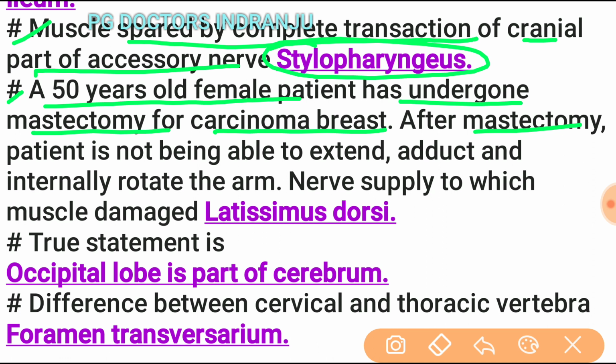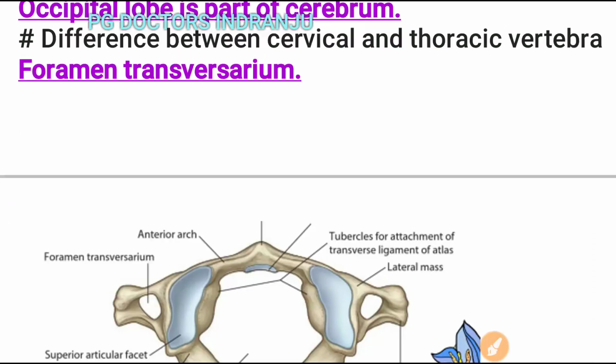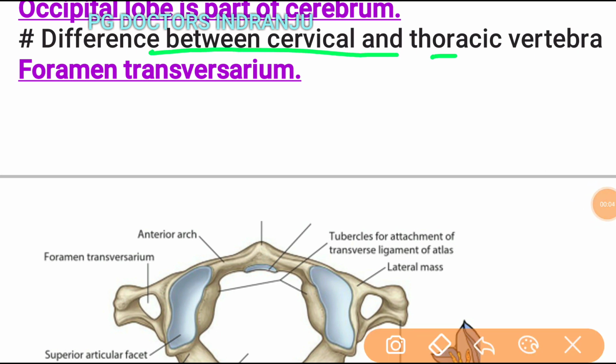After mastectomy, the patient is not able to extend, adduct and internally rotate the arm. The nerve supply to which muscle is damaged is the latissimus dorsi. The difference between cervical and thoracic vertebra is the foramen transversarium.